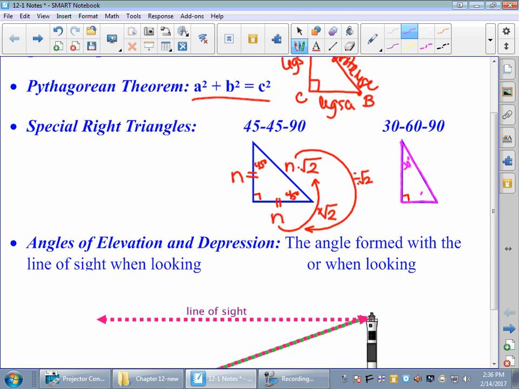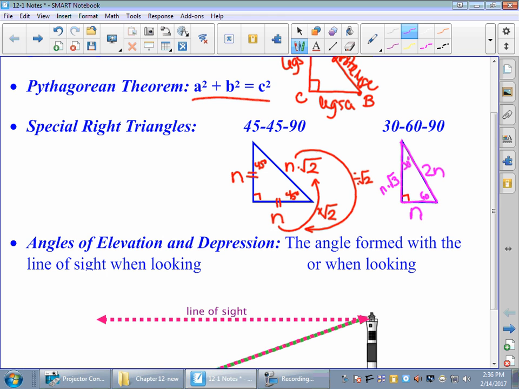The longer side is opposite the larger angle, 60 degrees, and then you've got 90 as the longest. So small, medium, large. If you have the short side, we can call that n. The hypotenuse happens to be twice that amount, so 2n. And the long side is n times the square root of 3.